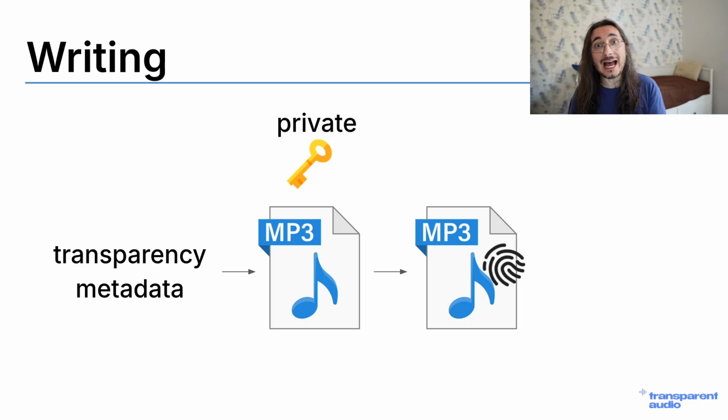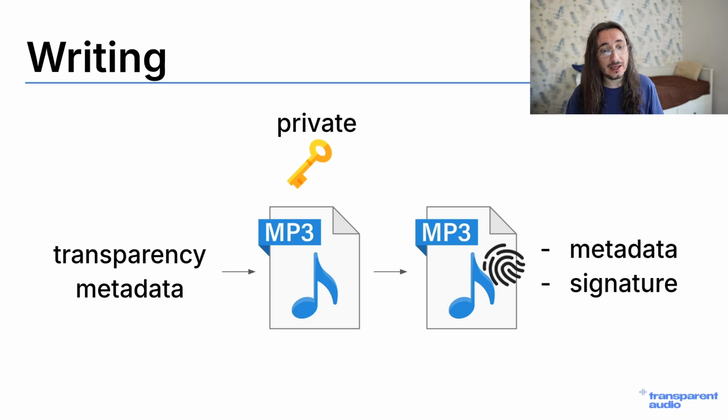So now we have the bundled metadata along with the signature that we got through signing with our private key, all of this bundled in the MP3 file itself. So we're good to go.